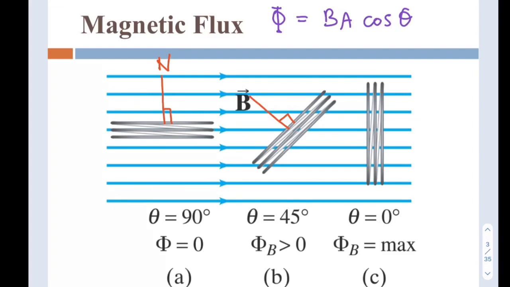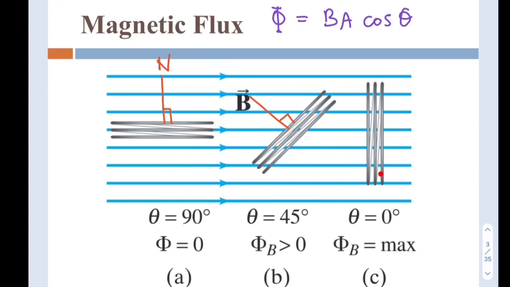And the B is in this direction, or in this direction. So the angle is 45 degrees. You put it here, cos 45. So with cos 45, the flux of the B is not 0. It is bigger than 0, some amount.